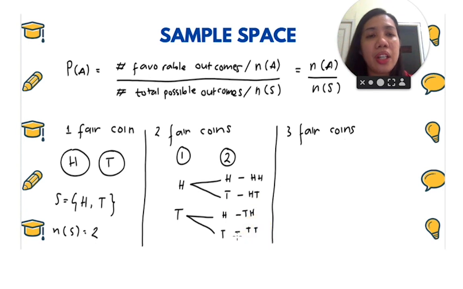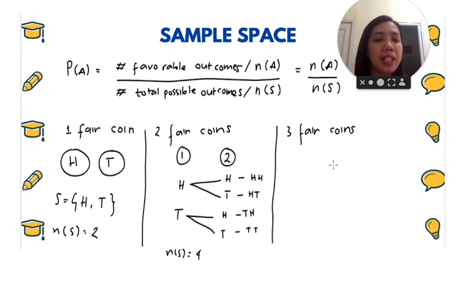So N of S is 4. That is for two fair coins. Now what if we have three fair coins? To find all the possible outcomes of these three fair coins, we're also gonna use the tree diagram.